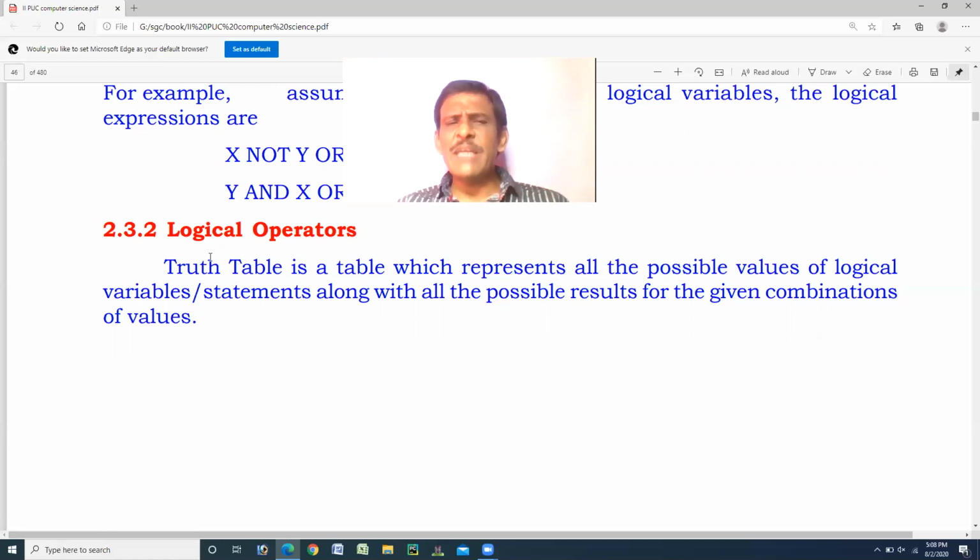It represents all the possible values of logical variables or statements along with all the possible results in a single table. That table we call a truth table. It means a truth table contains different combinations of logical values along with their results.